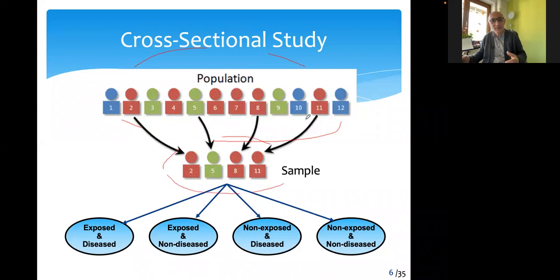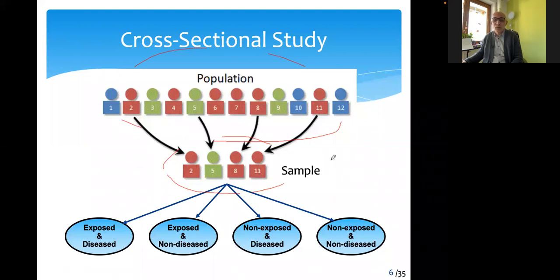If it is only 12, you may study all the 12. But if it is 12 million, 12,000 people, 100,000 people, then it will be difficult to access this amount of people. Therefore, you do a sampling, and the sampling has its rules. It should be a random sampling, of course.